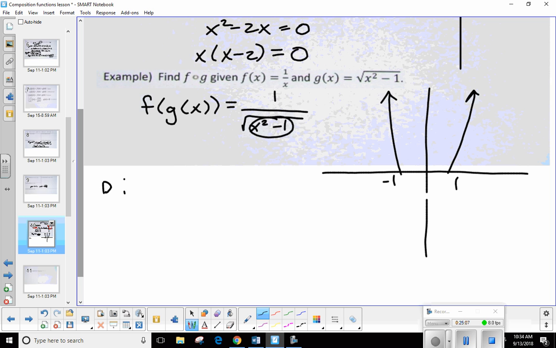There was just one little detail: the question of whether we include them or not. Now, can we take the square root of 0? Yes. So why is this one different? It is a radical, but where is it? It's in the denominator. So while we still can take the square root of 0, here we would not want to include those because that would make it undefined.